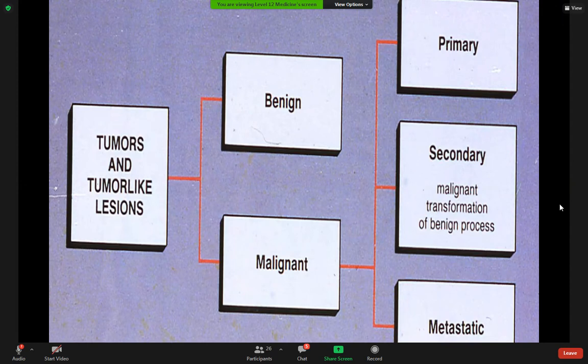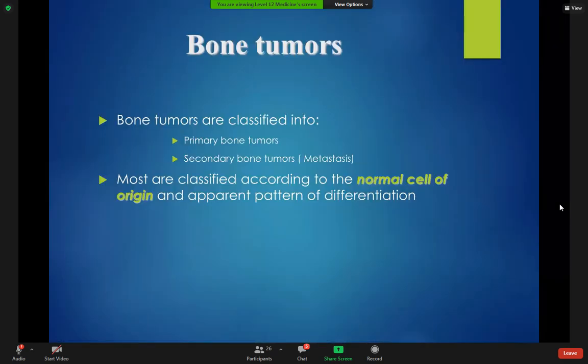So if the patient has breast cancer or colon cancer, it can metastasize to the bone, the spine, and the other musculoskeletal parts.